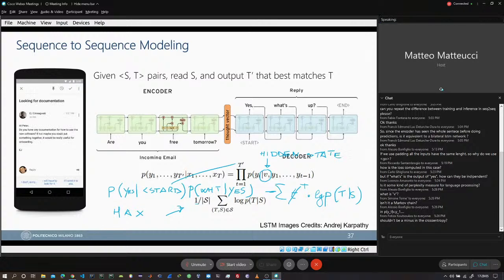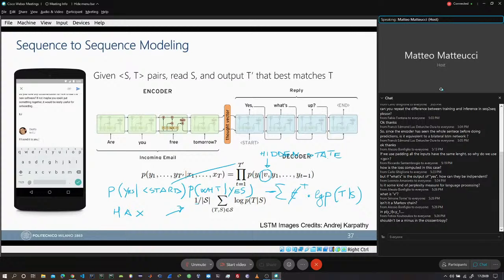So the prediction of a word depends on the previous word and the hidden state. So that's what V is. Okay. Other questions, doubts? Okay.